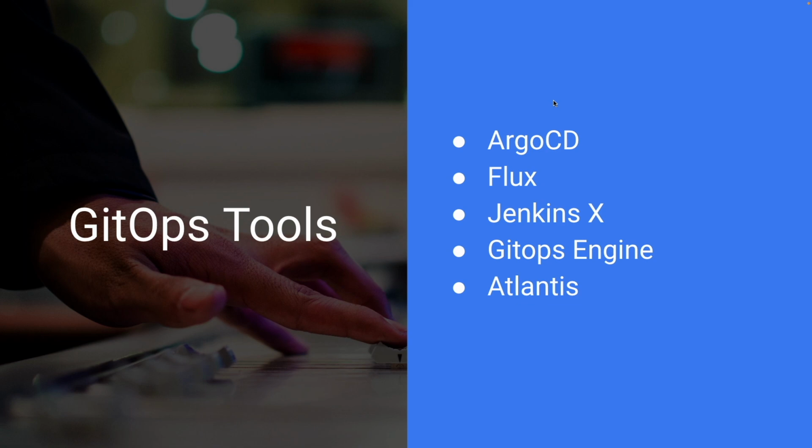Now let's look at some GitOps tools which are available in the market. ArgoCD and Flux are very popular tools for doing GitOps for your application deployment. Jenkins X is also one of them. GitOps Engine is similar to that. Atlantis is specifically for doing GitOps for Terraform.